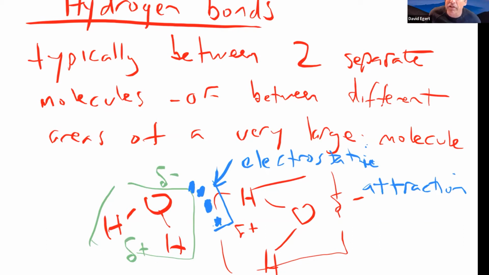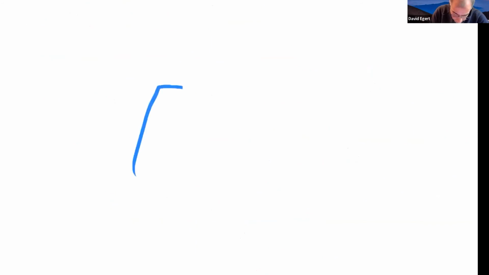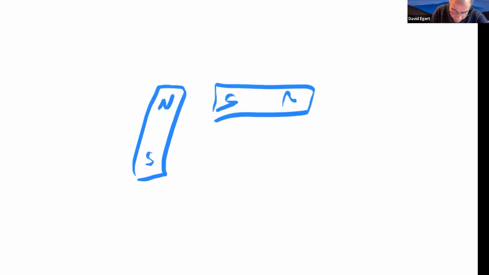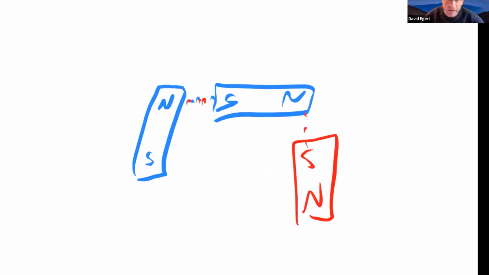An analogy, maybe it's easier to think about magnets, right? If you have a magnet with a north and a south pole, and you add another magnet in the mix, it's going to spin around and the south is going to be attracted to the north. I put another magnet in the mix, and they're all going to get stuck onto each other. If I take like 100 of these things, they're going to be a big ball of magnets all stuck together.